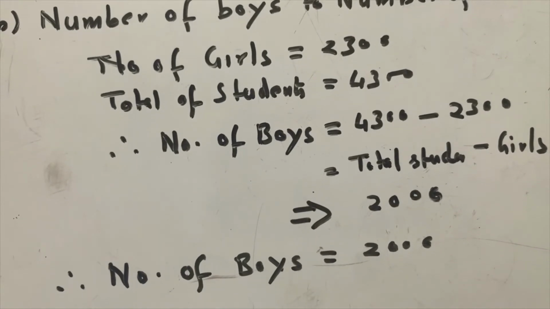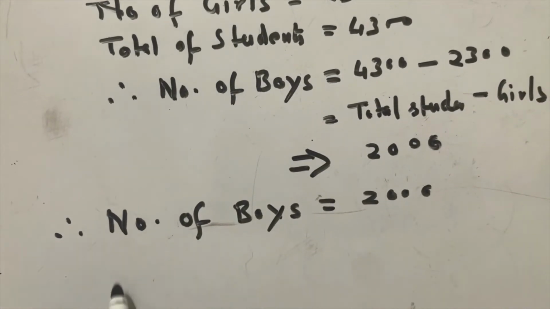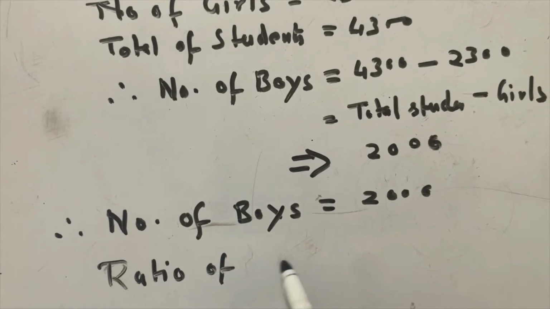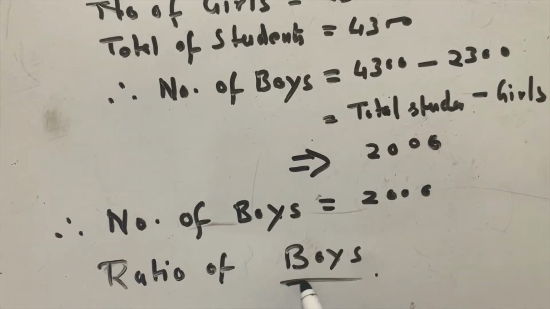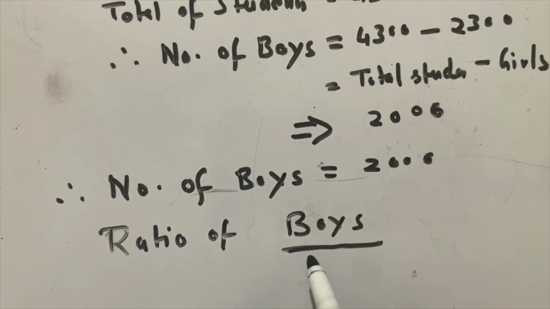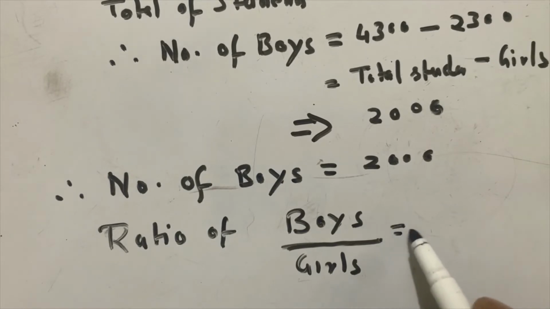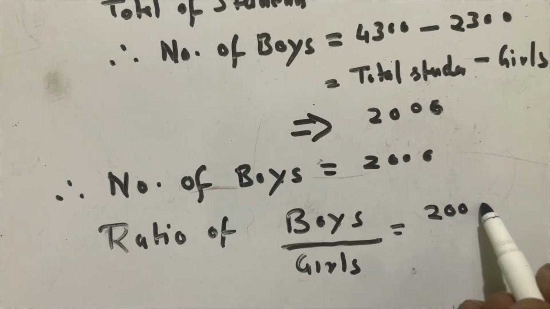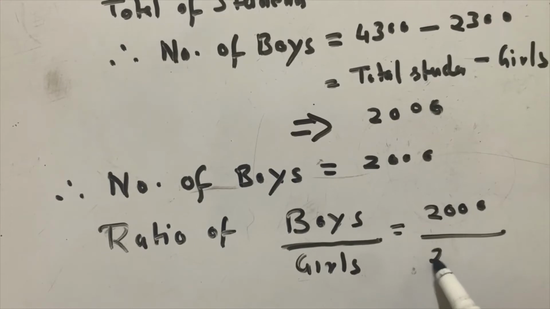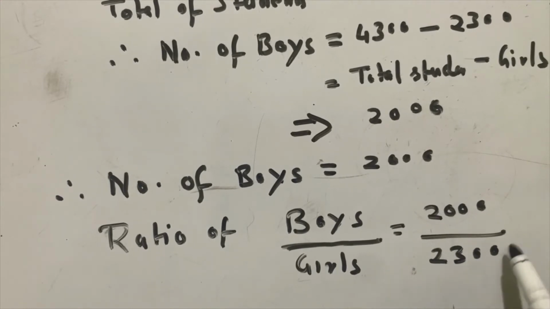Ratio of boys to girls. Boys 2000, girls 2300.